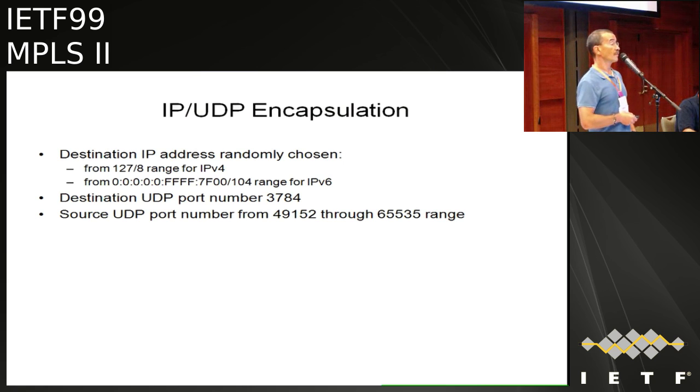For IPv4 we use a destination IP address from the 127/8 range, or for IPv6, another Martian. So we use a destination UDP port assigned for multipoint BFD, and the source UDP port should be selected from the dynamic port range.